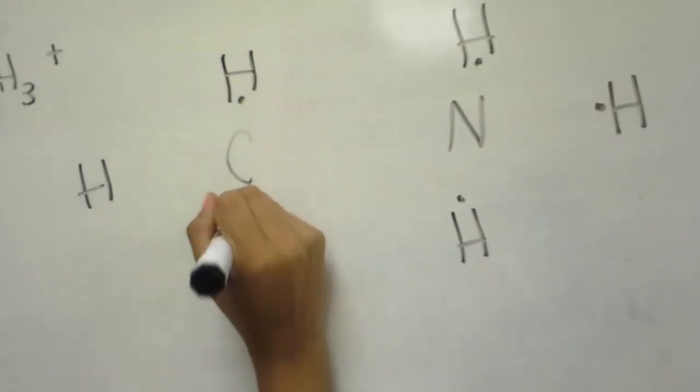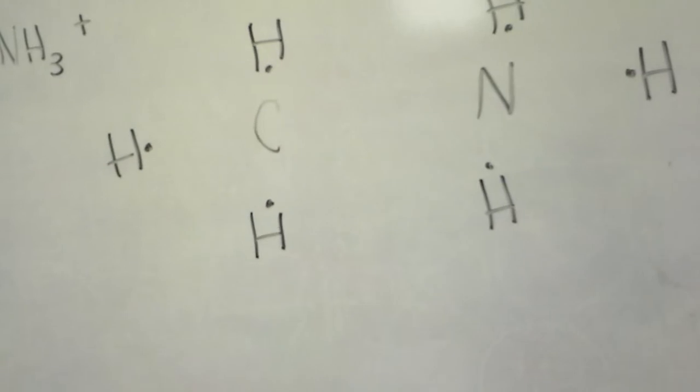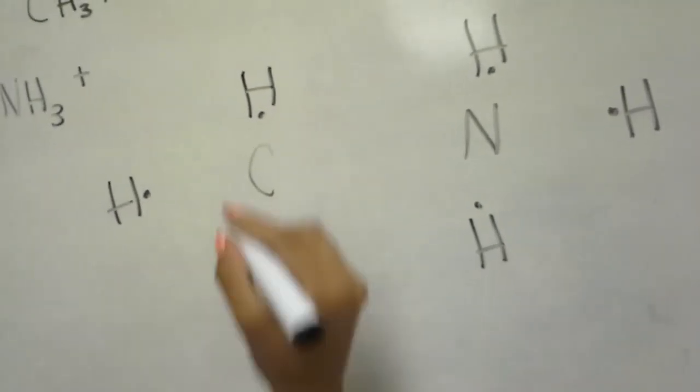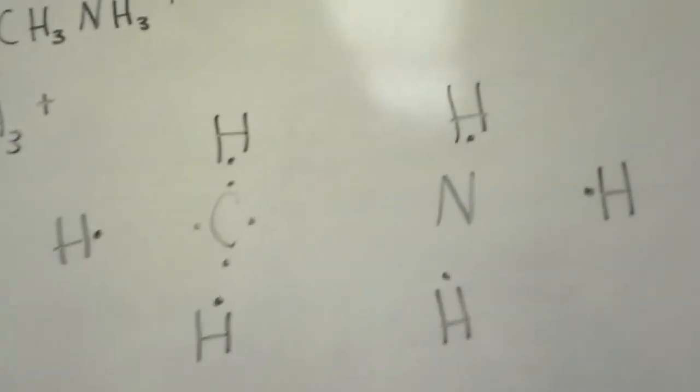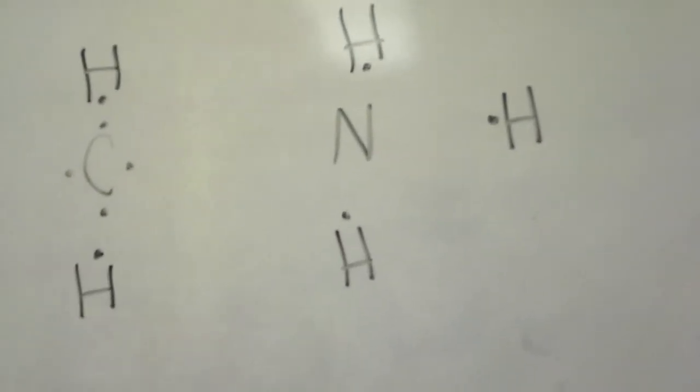Draw your valence electrons as dots first to make it easier. Carbon has 4. Nitrogen has 5.